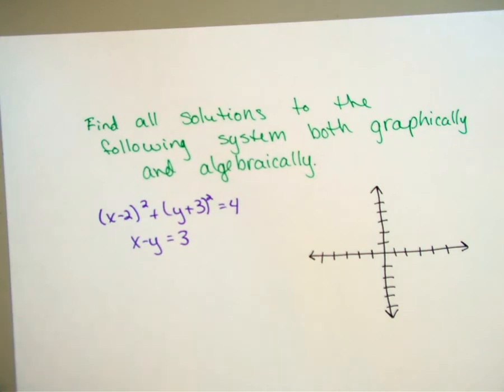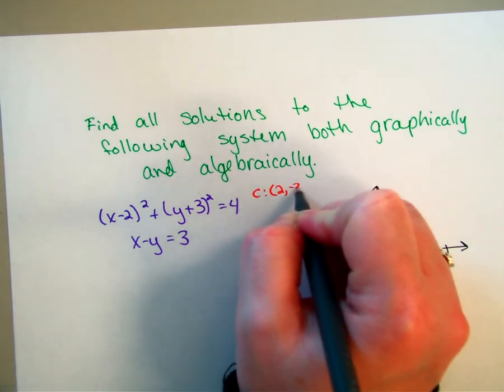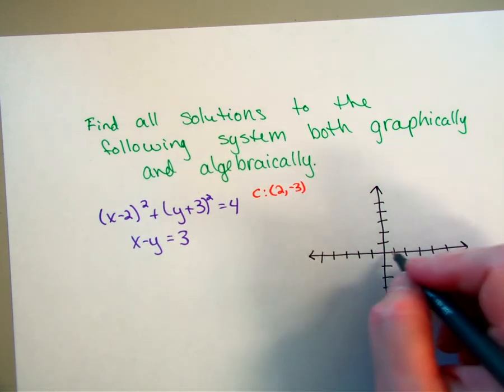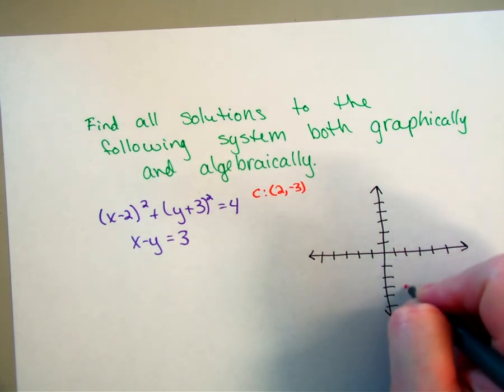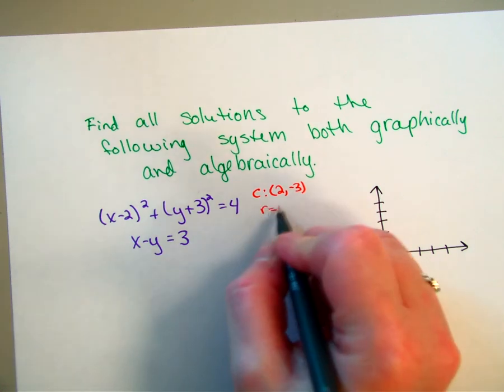All right, so again, we have a circle here, x minus 2 squared plus y plus 3 squared equals 4. So for my circle, we have a center at 2, negative 3. So I'm going to plot that. And then our radius here is a 2.